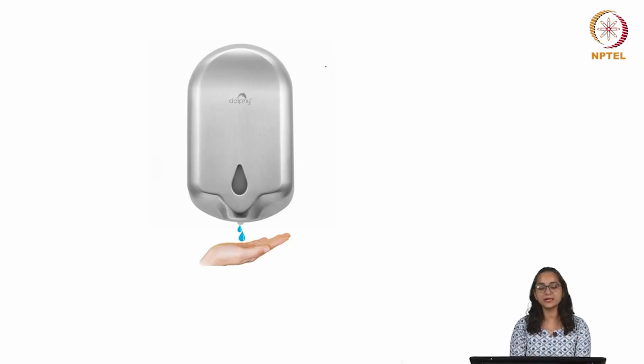The purpose is that there is a sensor, and as soon as you put your hand underneath, the sensor is able to detect that there is some object present, and it dispenses some amount of liquid soap. But what are the assumptions that the designer has made so that this feature can be utilized?